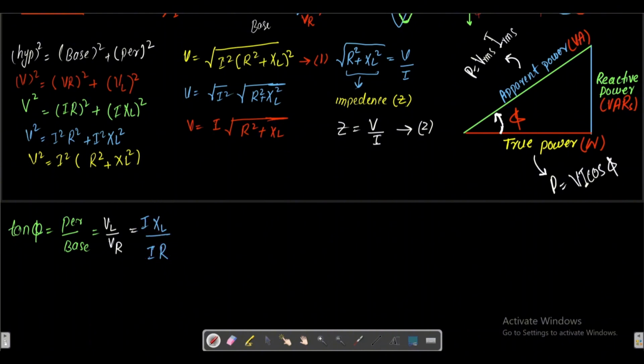The I and I will be cancelled, and the final equation is XL divided by R.